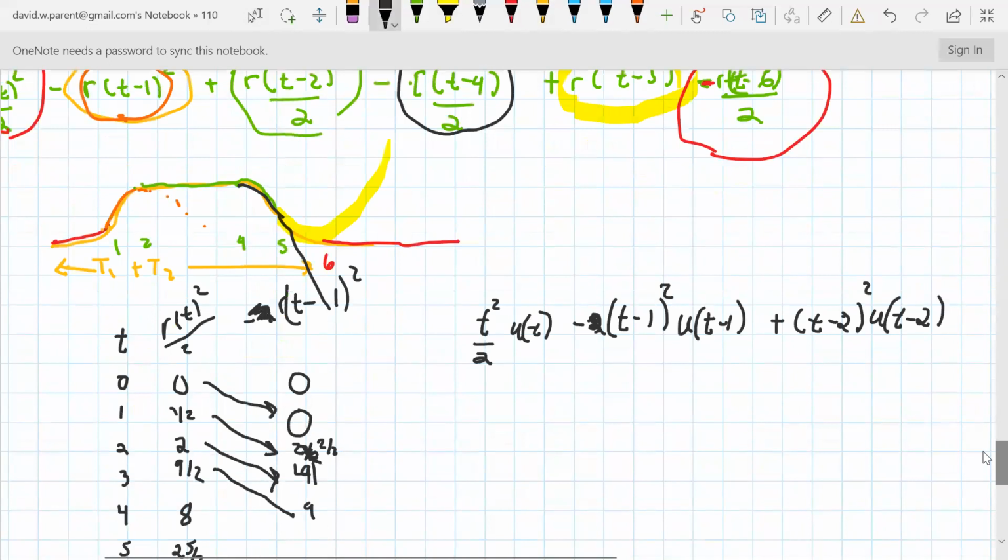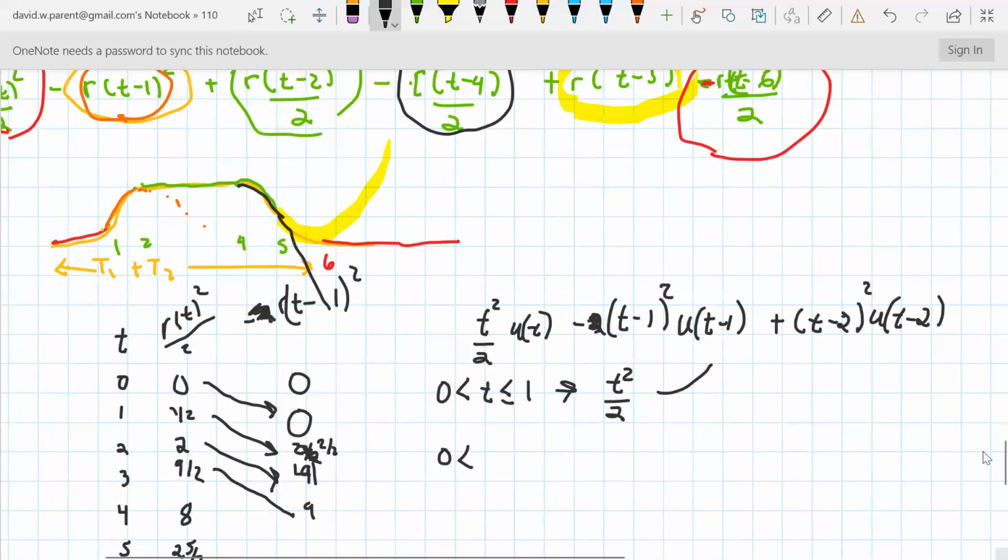Now here's the thing, right? For t greater than or equal to 1, the function is really t squared divided by 2, and that's our exponential.